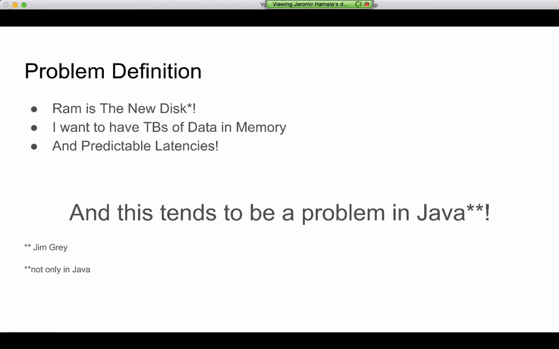So what's the problem? RAM is the new disk, as Jim Gray famously said, and of course RAM is cheap, it's everywhere, and we want to use it. As Java developers, we want to use all that RAM which is cheaply available. There's one little problem, and the problem is called garbage collector, or I wouldn't dare to call it a problem really, but yeah.